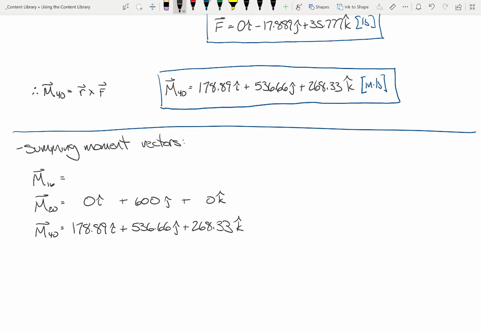And then M16 is minus 480k. So what do we get?